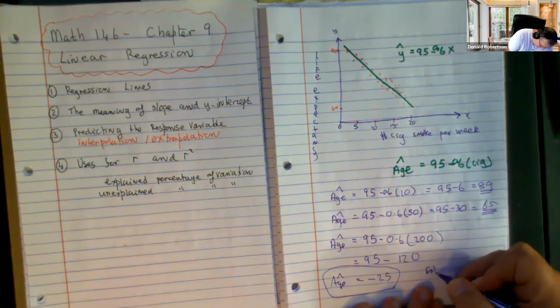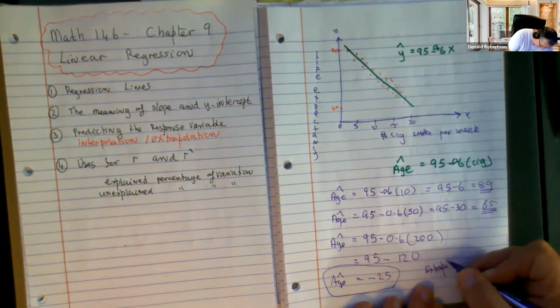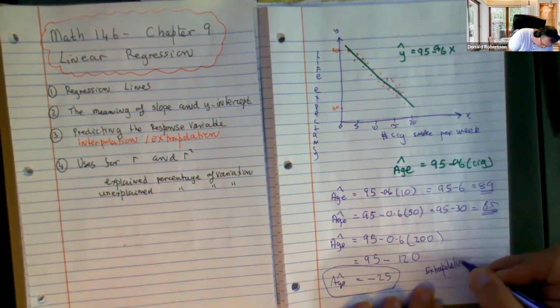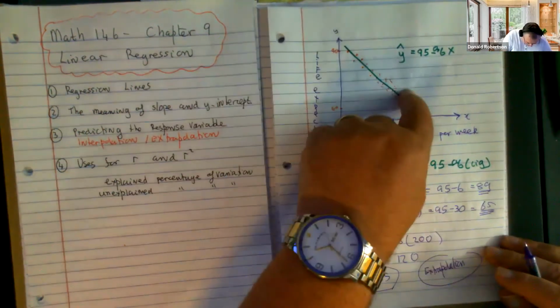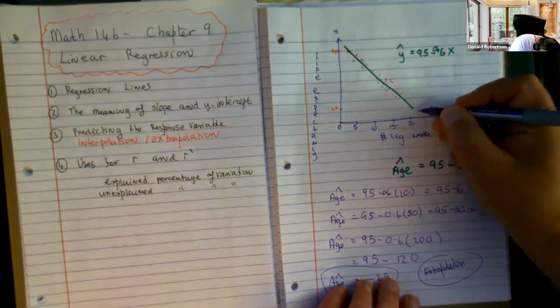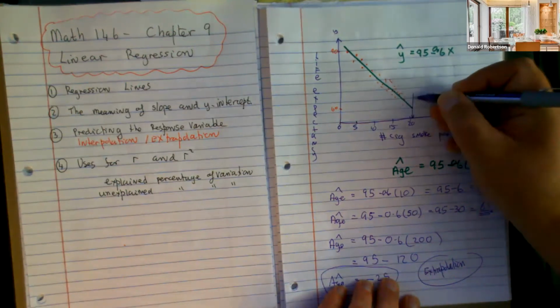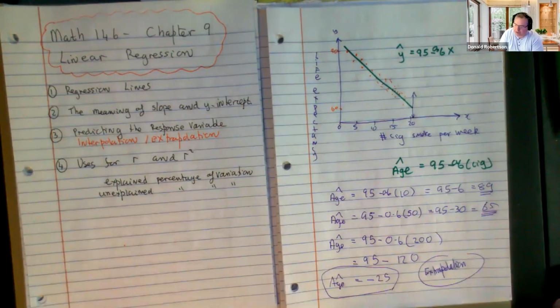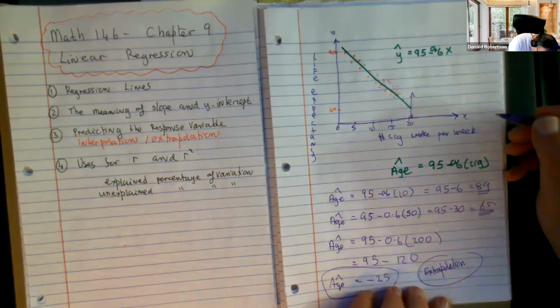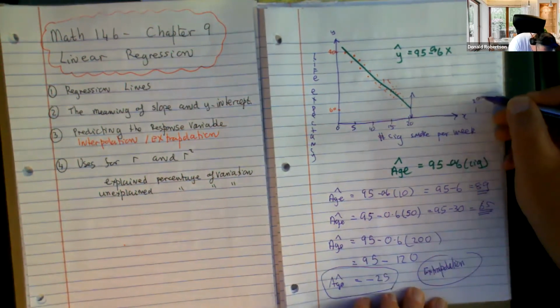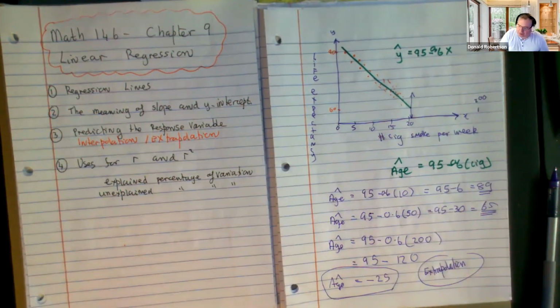I mentioned that before. When you use your model beyond the data, in fact, in this question here, didn't the data stop around about 20 cigarettes a week? If you start using it for people way over here, can you see that the model is not even guaranteed to be accurate anymore?